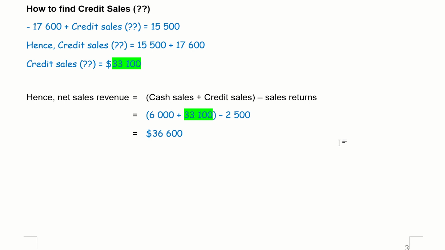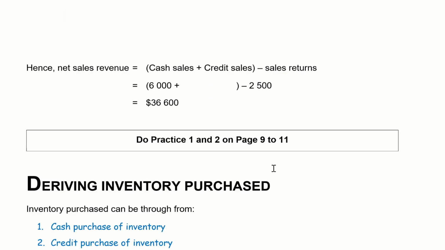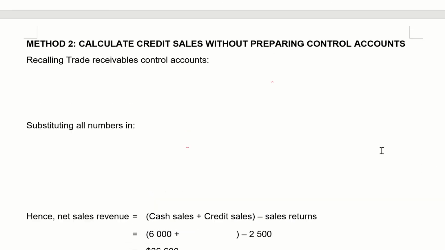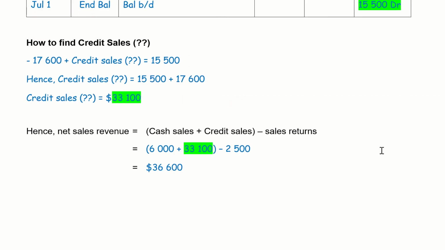So you can pause and write this down, and then after that you can try to do practice 1 on page 9. You can do this now, or you can do it at the end of this section, okay?